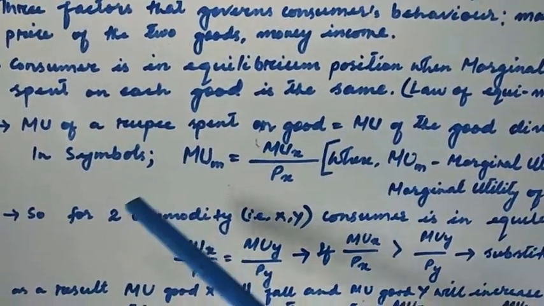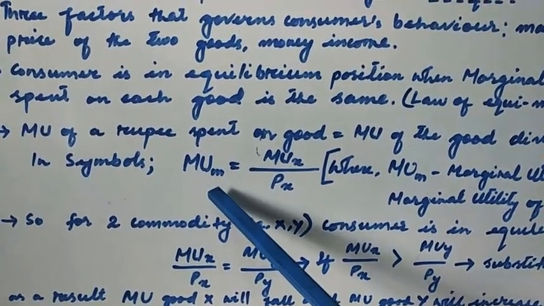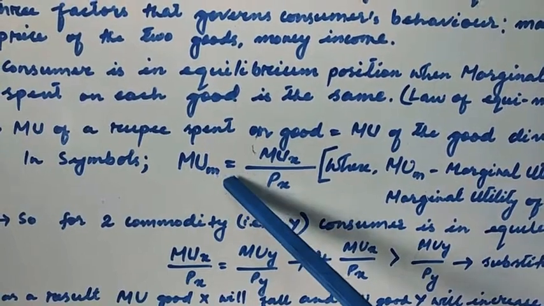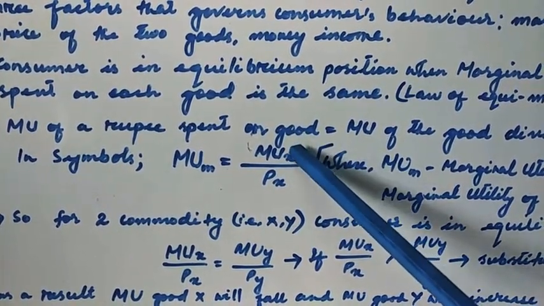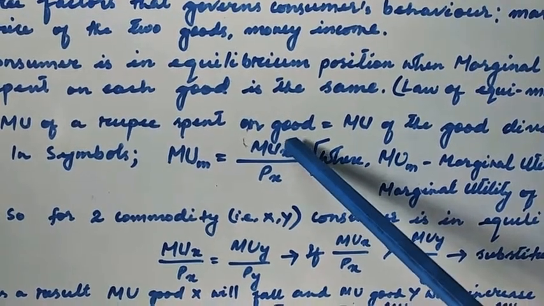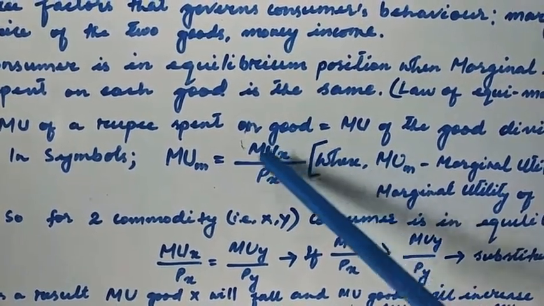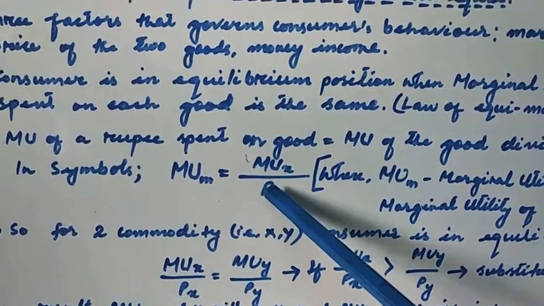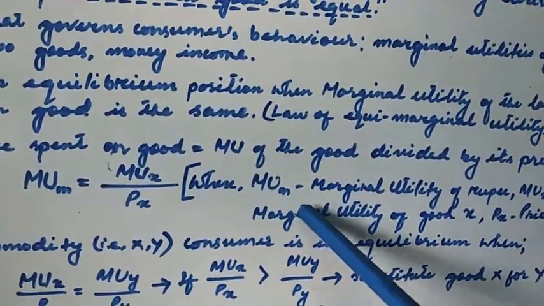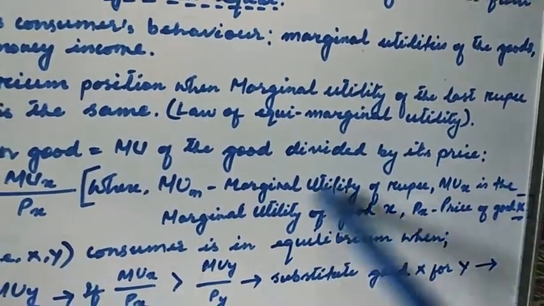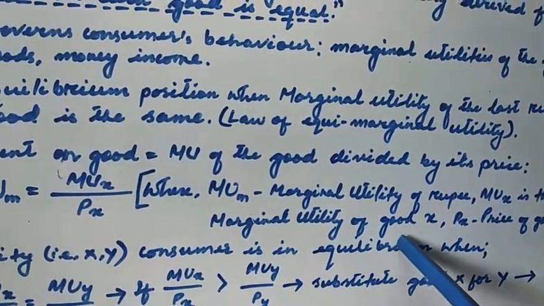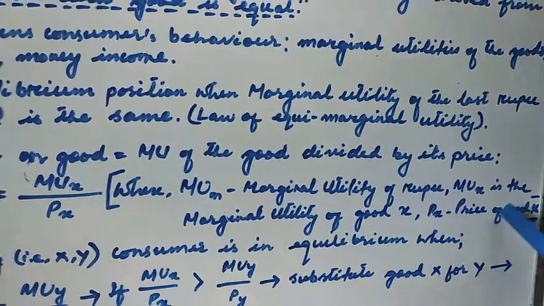In symbols, MUM equals MUX divided by PX, where MUM is the marginal utility of a rupee, MUX is the marginal utility of good X, and PX is the price of good X.